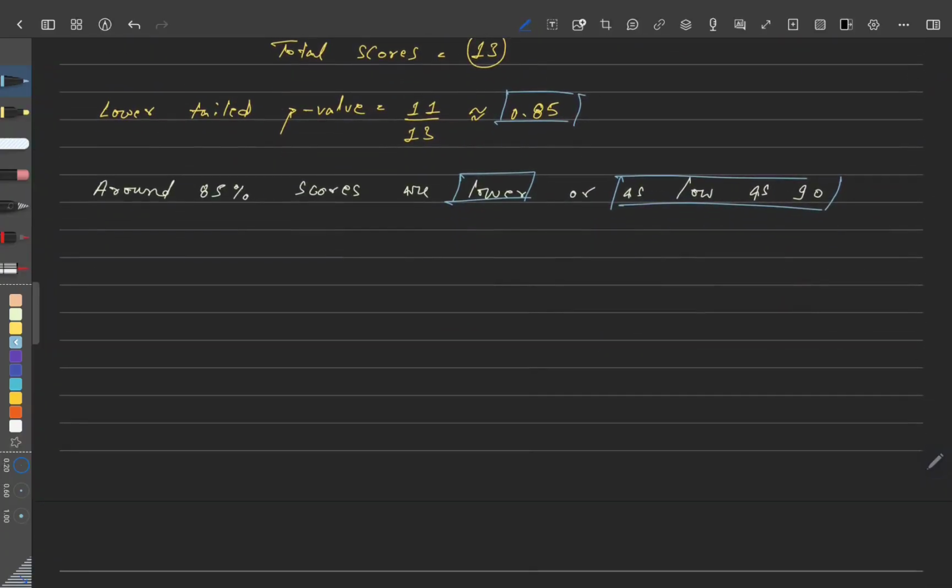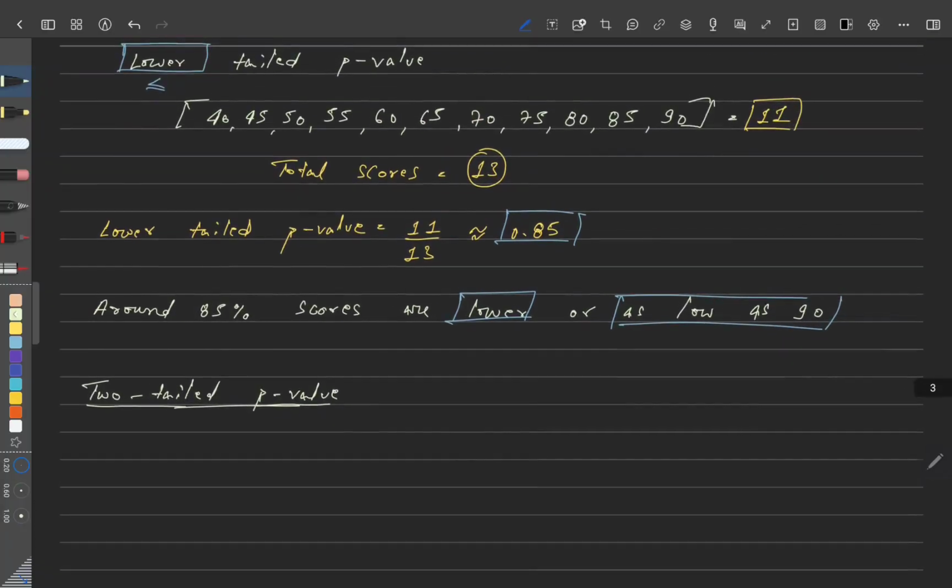Now a bit tricky one, which is two-tailed p-value. Let us understand two-tailed p-value. Again, you must be thinking, what is the significance of calculating these p-values?